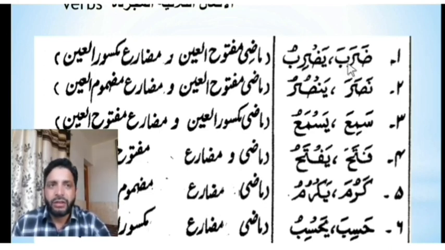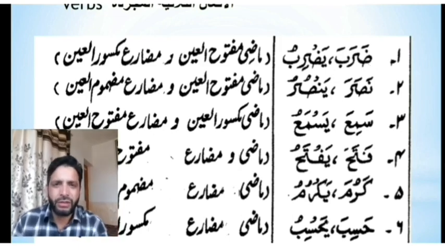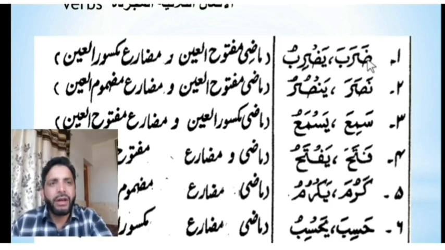See, ضرب: in Arabic we use fa'ala as a balance to measure all the verbs. Now see, ضرب, fa'ala: za is in place of fa, ra is in place of ain, and ba is in place of lam.